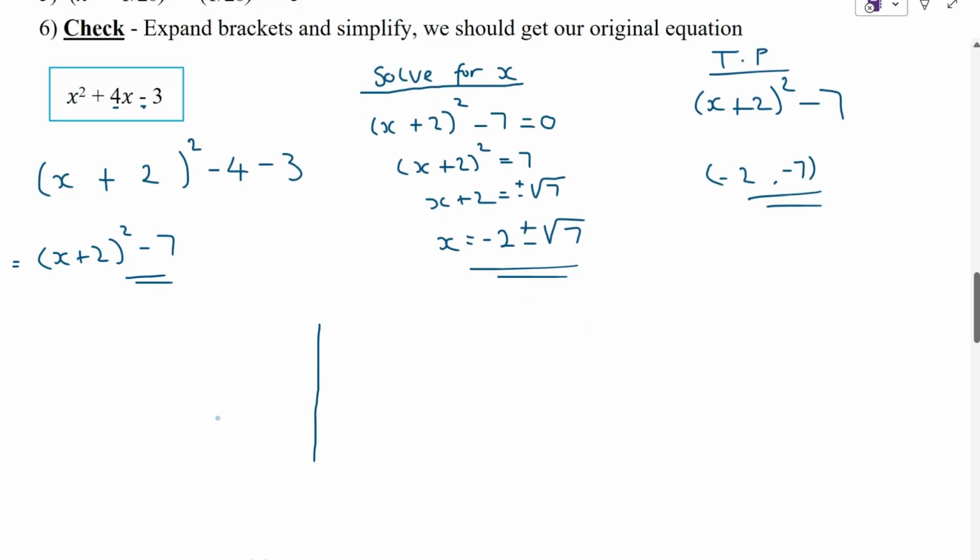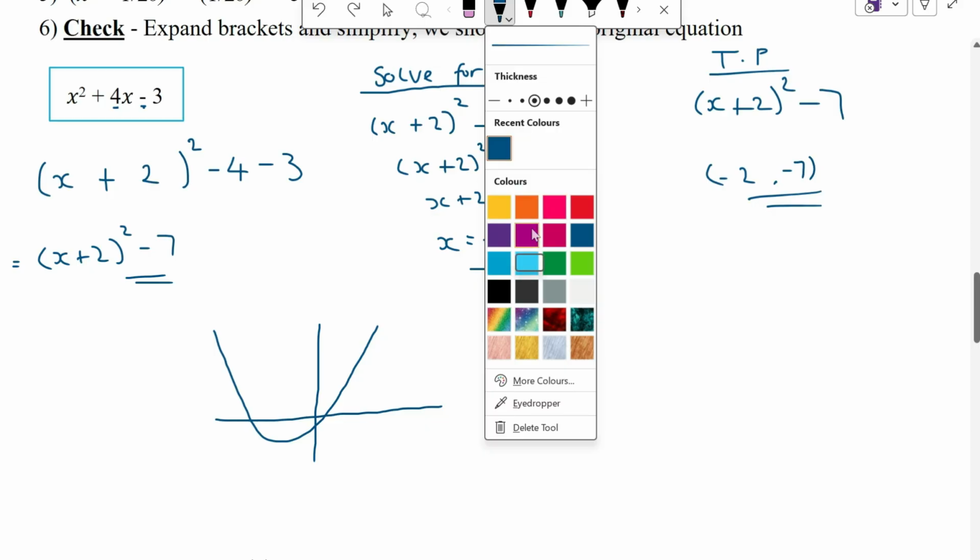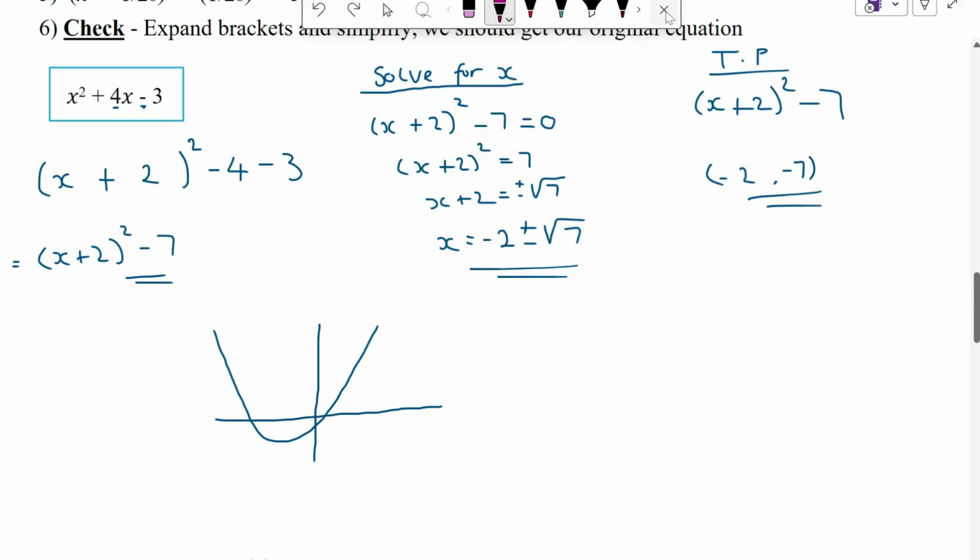Now, to show you what this would look like on a graph, for example, let's have just a quick sketch here. Now let's say this is the graph y equals x squared plus 4x minus 3. Our solutions for x would be here.